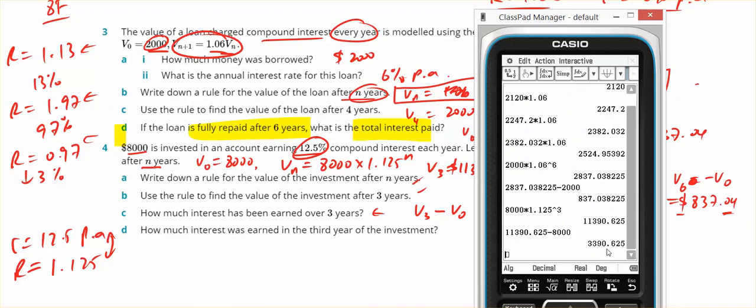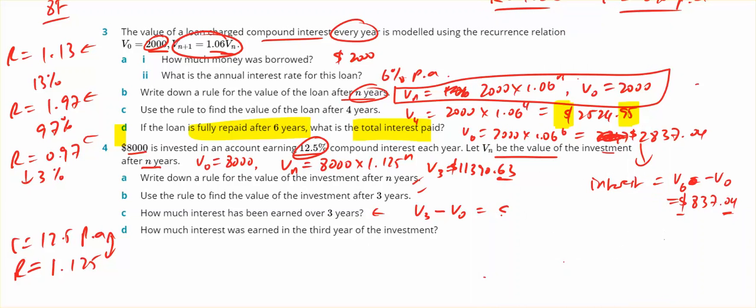So 3390.63. Now, for working, you might want to show what your V3 value is to get full credit, just so that in case you get something wrong, I can see what you've done in your working. Because something like Part C will be worth 2 marks.